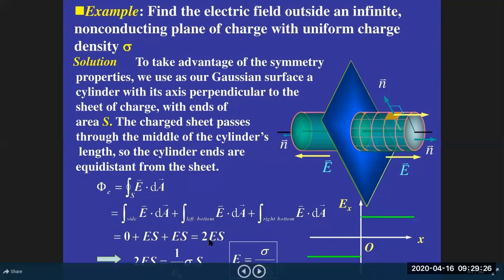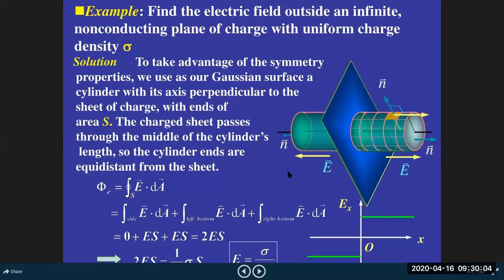So here total flux is 2 into E into S. Now we have to look at how much charge is enclosed by this pillbox. So the area of this pillbox is S, and surface charge density is sigma. So charge enclosed by this surface is equal to the area of this surface into surface charge density, that is S into sigma, equal to Q. So Q equals S into sigma.